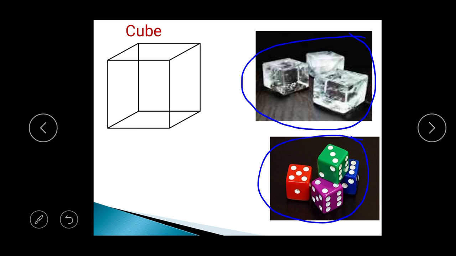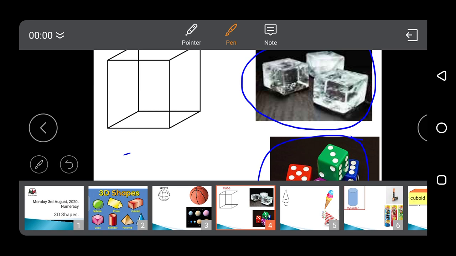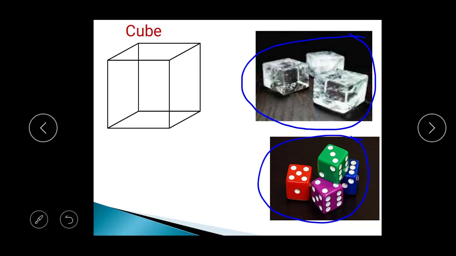And also, I will love to teach you how to draw a cube. Okay, so before we spell, let's learn how to draw a cube. Okay, let's go.